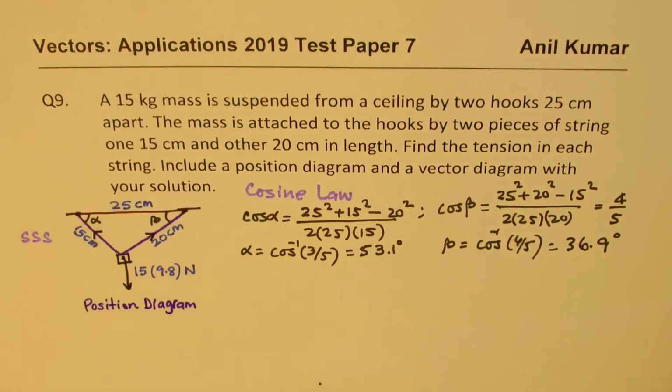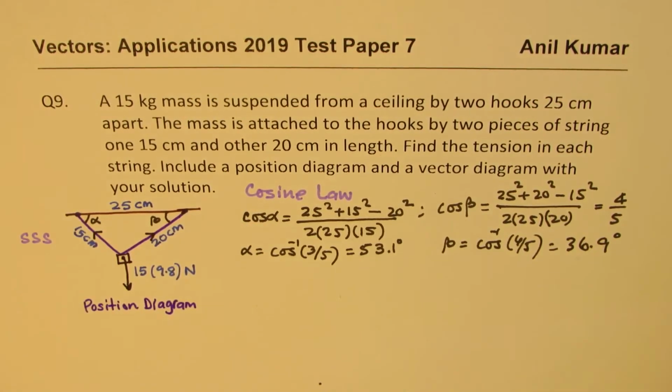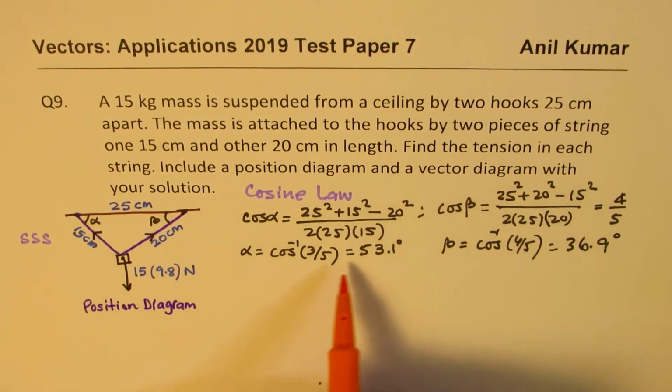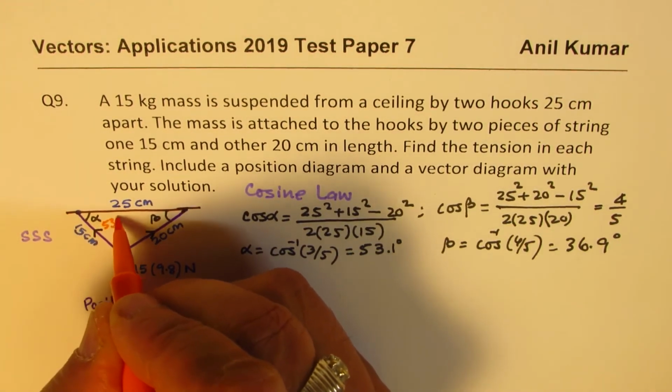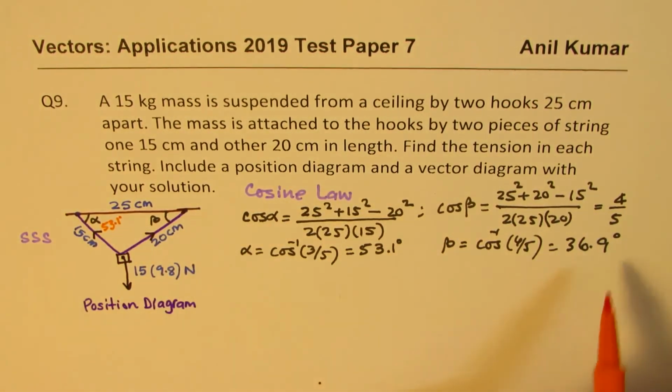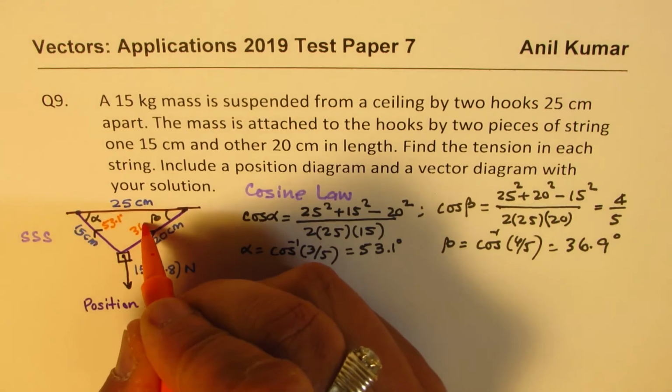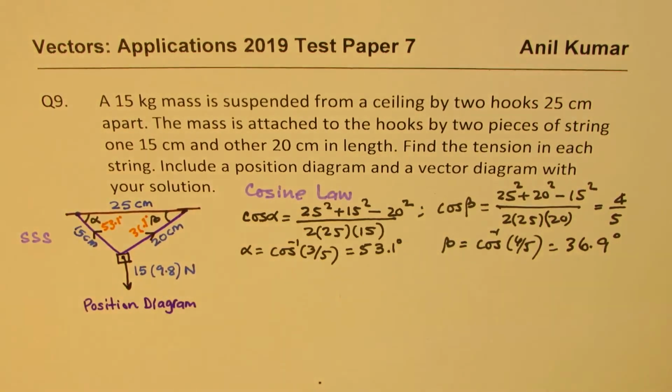Is that clear? So now we got these two angles, and we can write these angles as, let me take a different ink. Okay, this is okay. So we get alpha as 53.1 degrees, and beta here is 36.9. Okay.